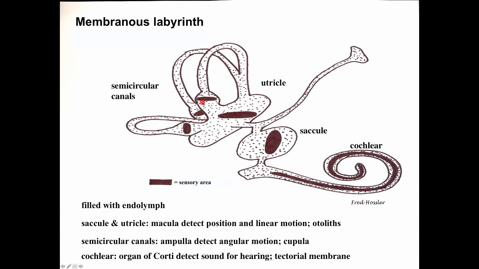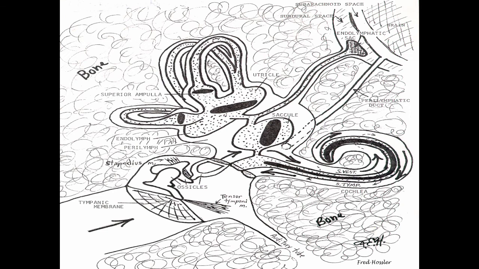There's the semicircular canals and their sensory areas, the crista ampullaris, that are going to detect angular motion, and they're associated with cupula. And then the cochlea with the organ of Corti, which detects sound for hearing, and the organ of Corti is associated with the tectorial membrane. And again, we'll talk about these in a few minutes.